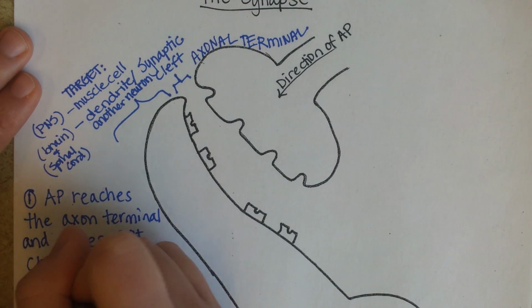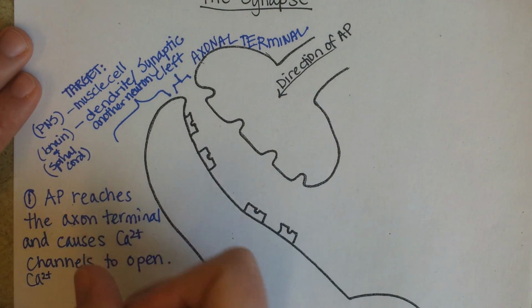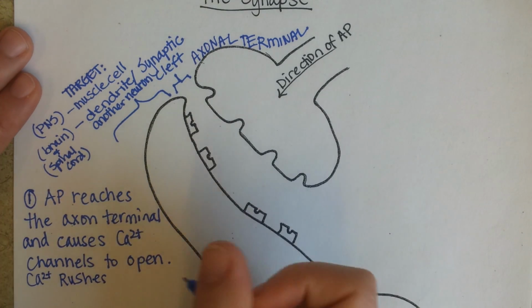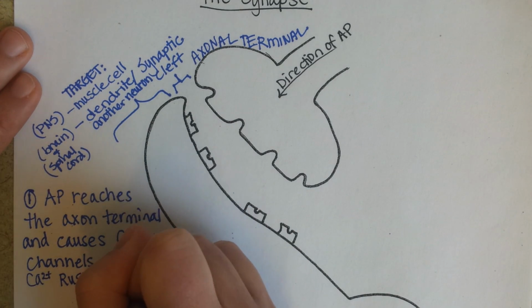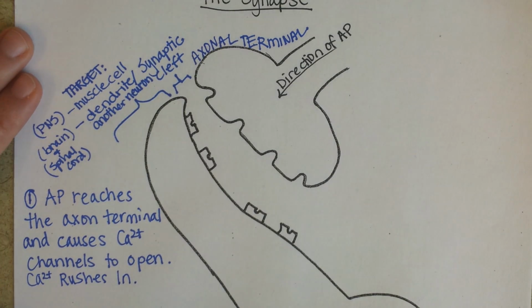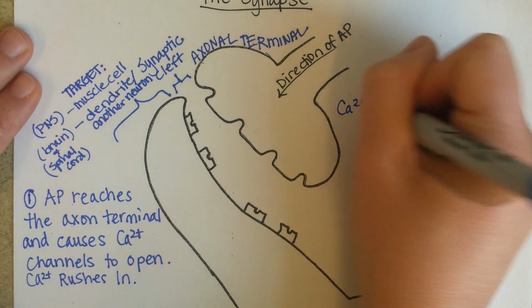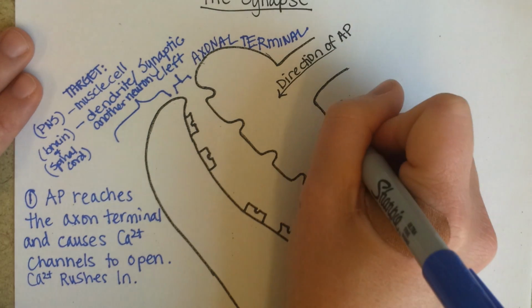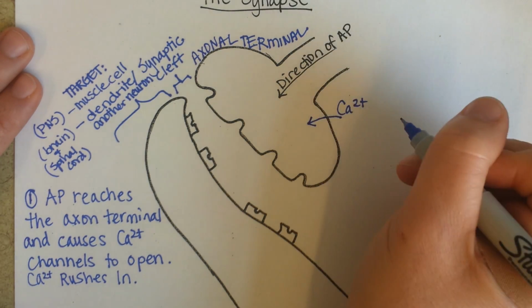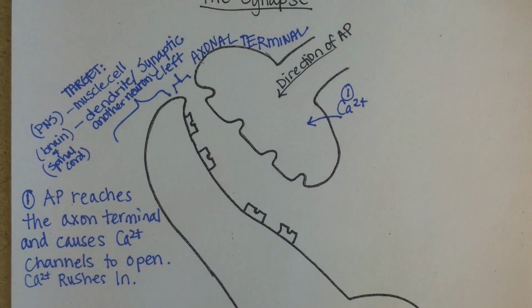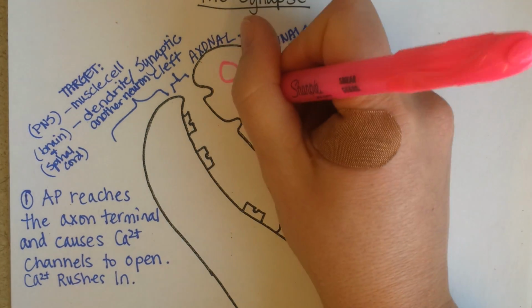Calcium will predictably rush in because calcium is more concentrated outside of the cell than inside. So we can put the calcium outside of the cell, and it is going to rush in, and that's step 1.